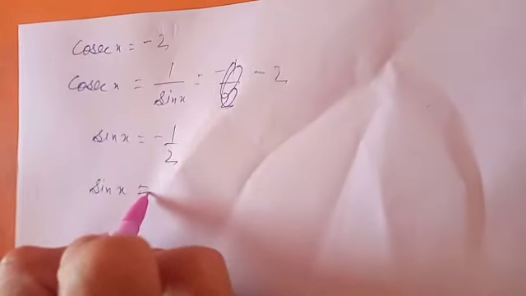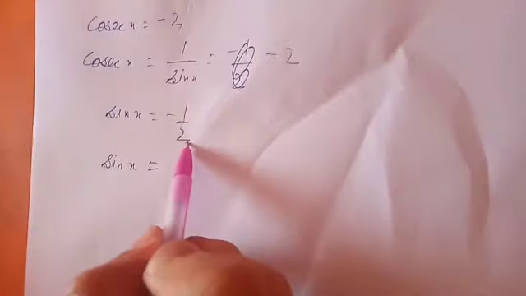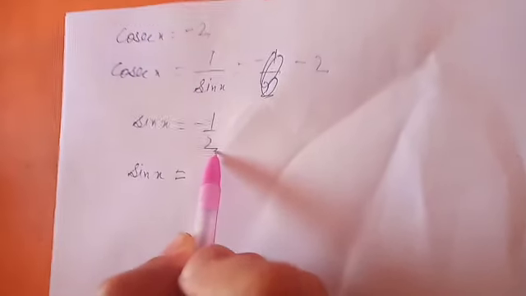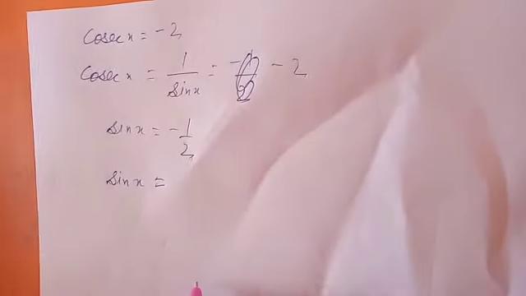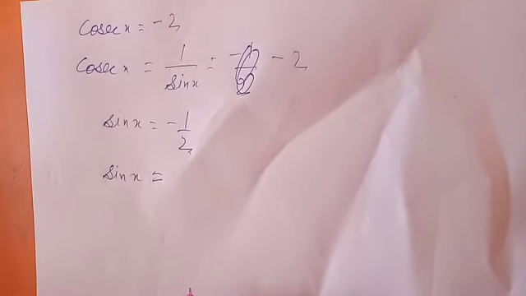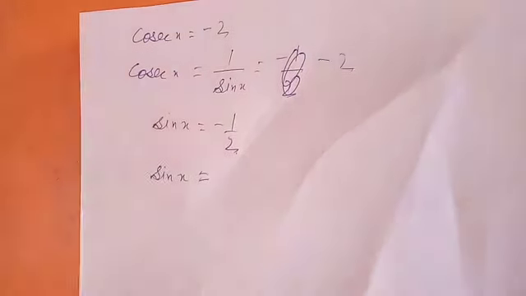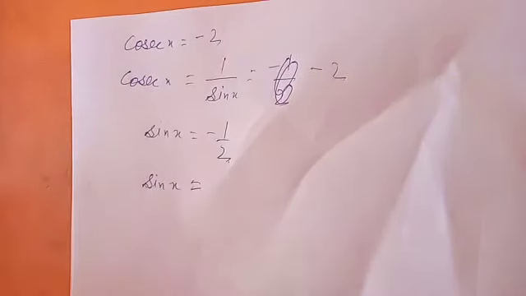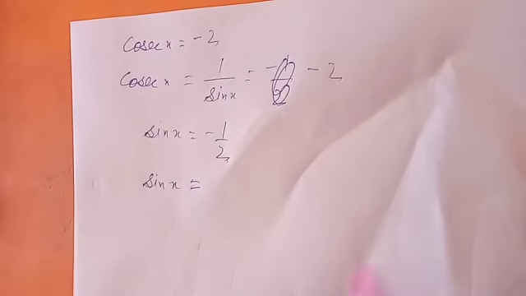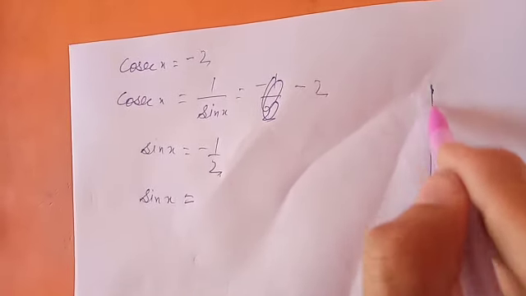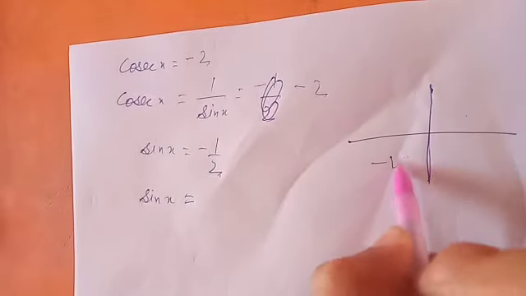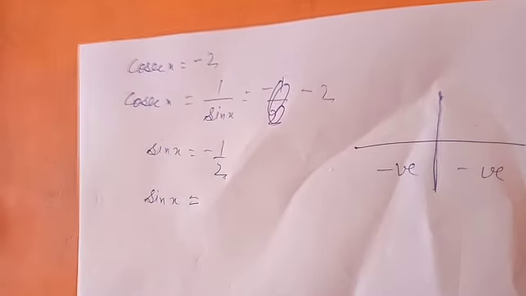For what value of sin are we getting our value minus 1 by 2? For getting value of sin minus 1 by 2, we have to make our angle in either third quadrant or fourth quadrant. Why in third or fourth? Because it is negative in third and fourth quadrant.